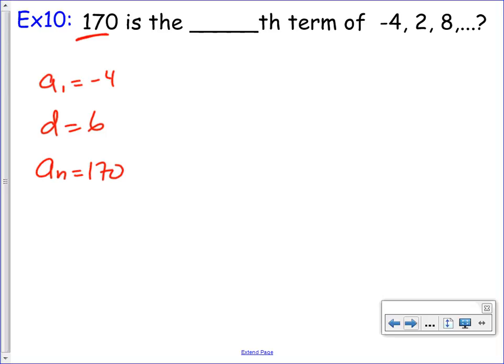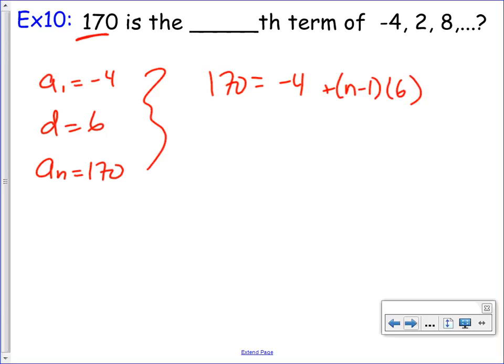It could keep going, you're right, but for our purposes it's going to be the last number because that's where we're going to stop counting. So we know AN is 170. So 170 is negative 4 plus N minus 1 times 6.